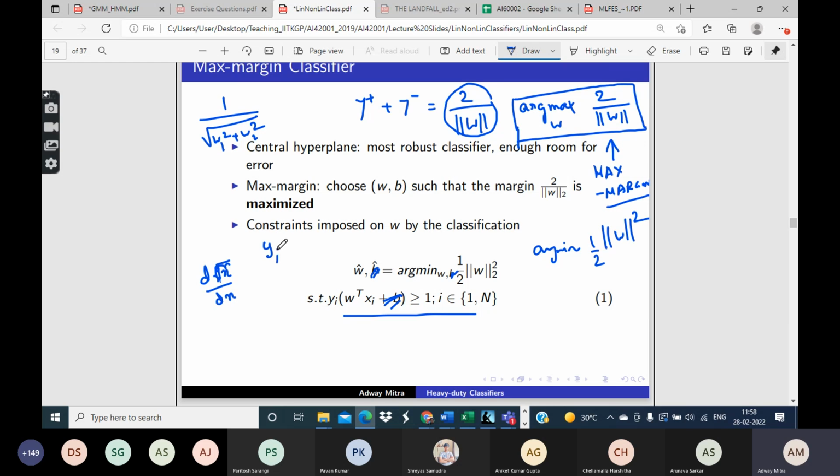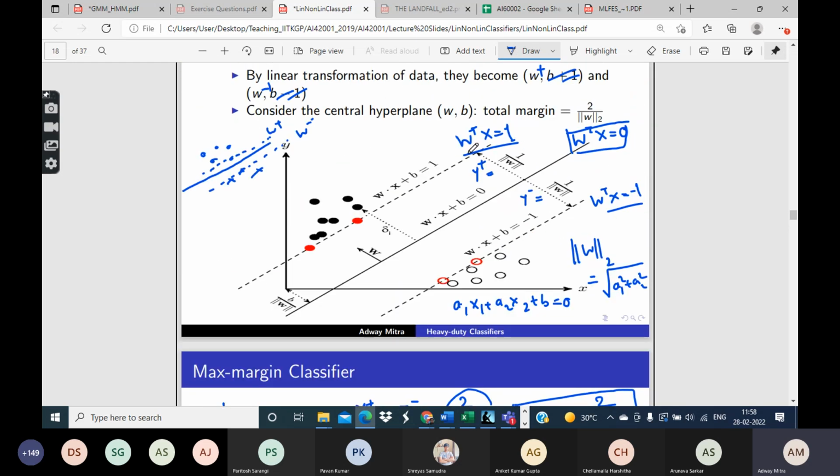We were usually saying yi times W transpose xi greater than 0 means correct classification. But now I am saying it is greater than or equal to 1. Why? Because I want not only W to correctly classify these points, but the marginal classifiers W plus and W minus should also be able to classify all the points correctly.